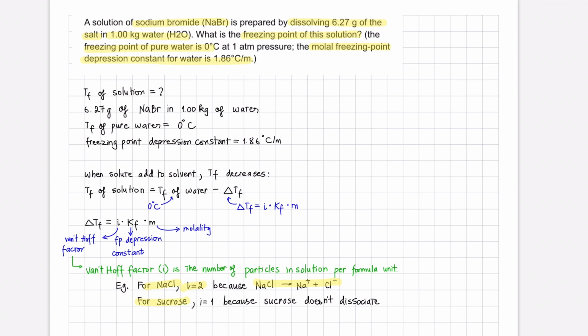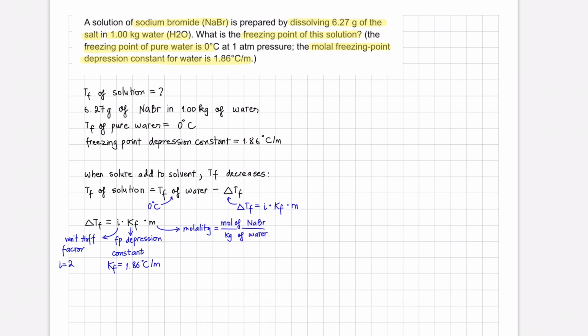The van 't Hoff factor is 1 because sucrose does not dissociate into ions like NaCl. Therefore, there will be just 1 particle of sucrose per 1 formula unit in solution. Applying that to our case, for NaBr, the van 't Hoff factor is 2 because NaBr dissociates into Na+ and Br− ions. That is 2 particles in solution per 1 formula unit of NaBr.